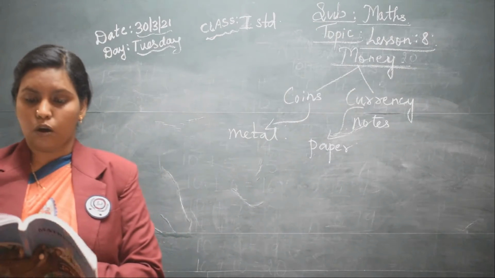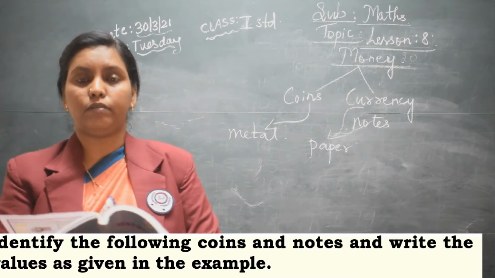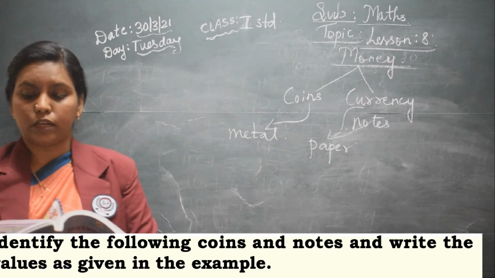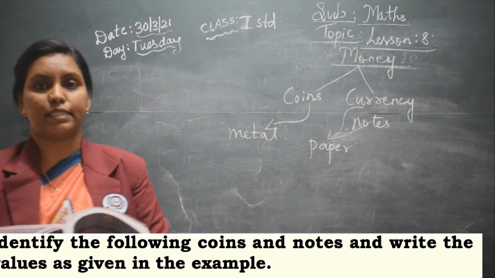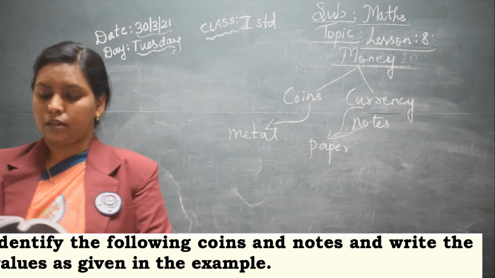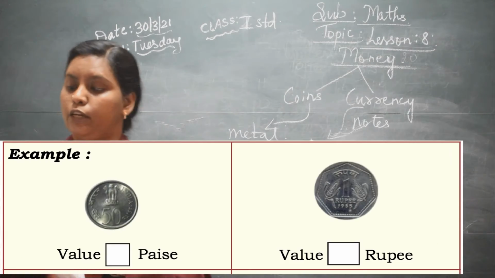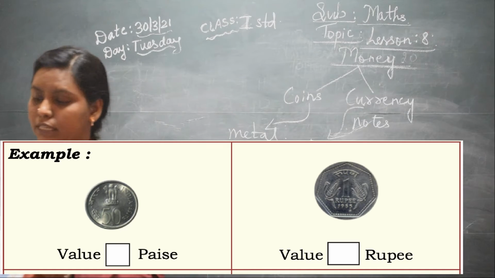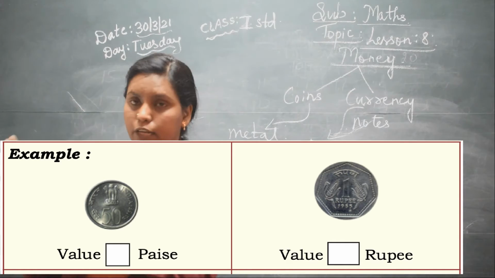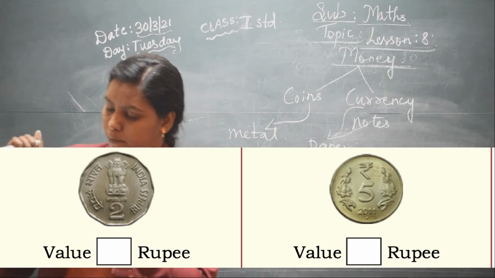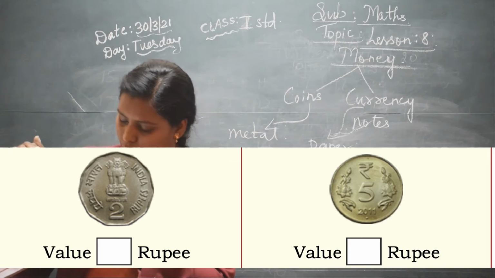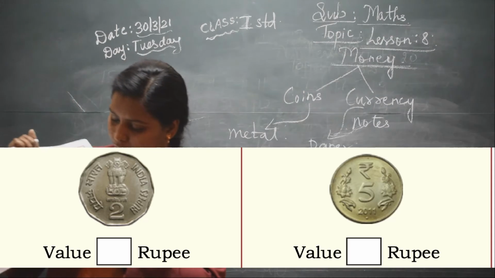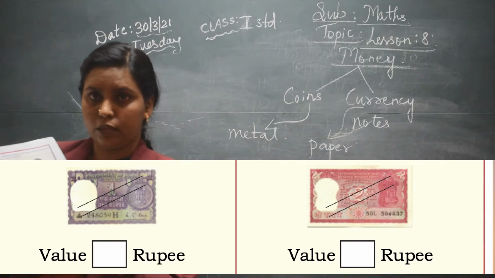On page number 157, they have given: identify the following coins and notes and write the values as given in the example. First one is value of 50 paise. You can see the picture as 50 paise. The next one is value of 1 rupee. Below that, value of 2 rupees. Then next is value of 5 rupees. Then it is value of 1 rupee, the note.